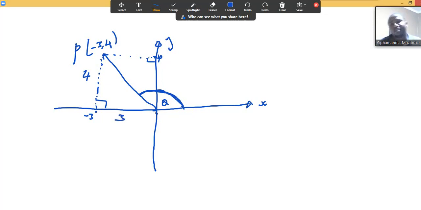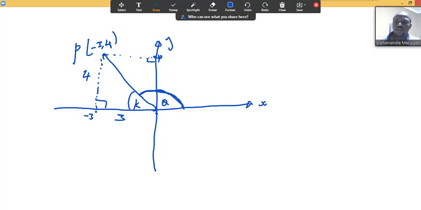So this is 3 units, and this is 4 units. If we're trying to find this angle here, we can call it K. For example, let's say we want to find angle K.